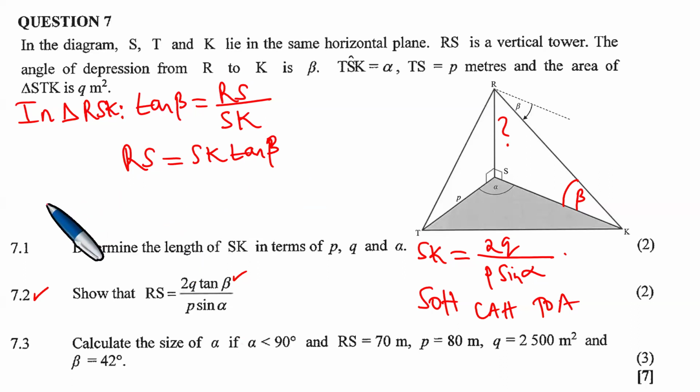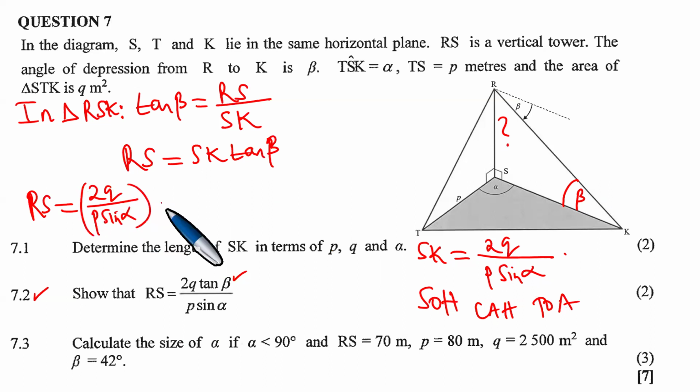So now we're able to see that the side RS is equal to SK. In the place of SK here, we put 2Q over P sine alpha, the tangent of beta.